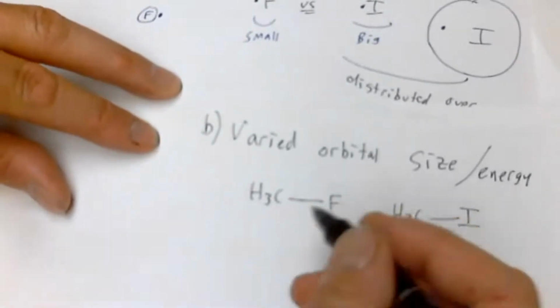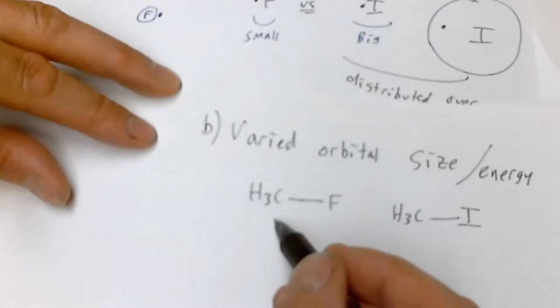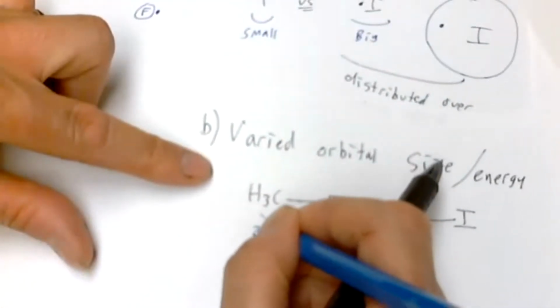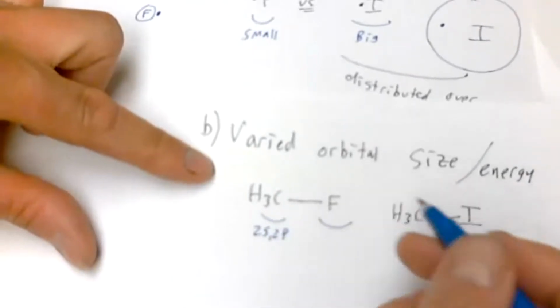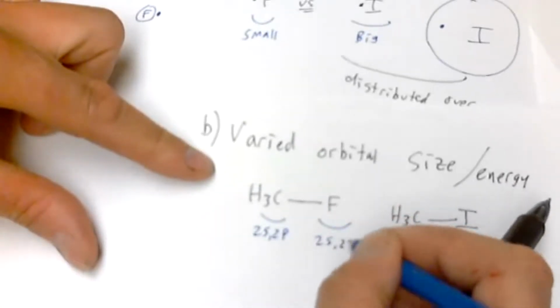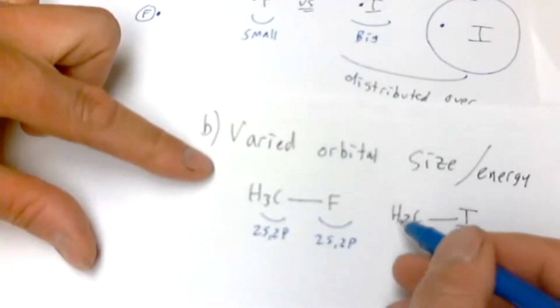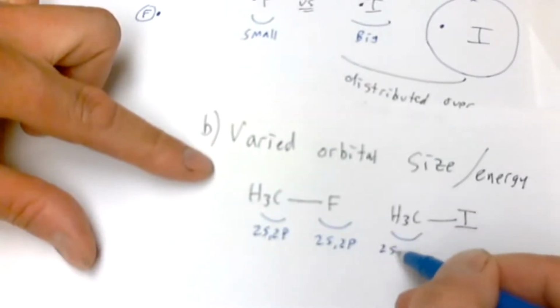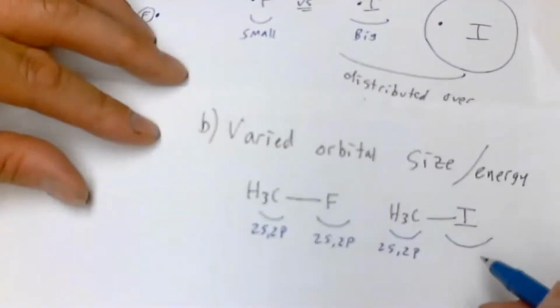What are the valence orbitals of carbon? It's 2s and 2p, right? And if you look on the periodic table, fluorine is nearby. It's also 2s, 2p. Now what about iodomethane? Carbon is 2s, 2p, but iodine, you look on the periodic table, it's underneath a little bit.